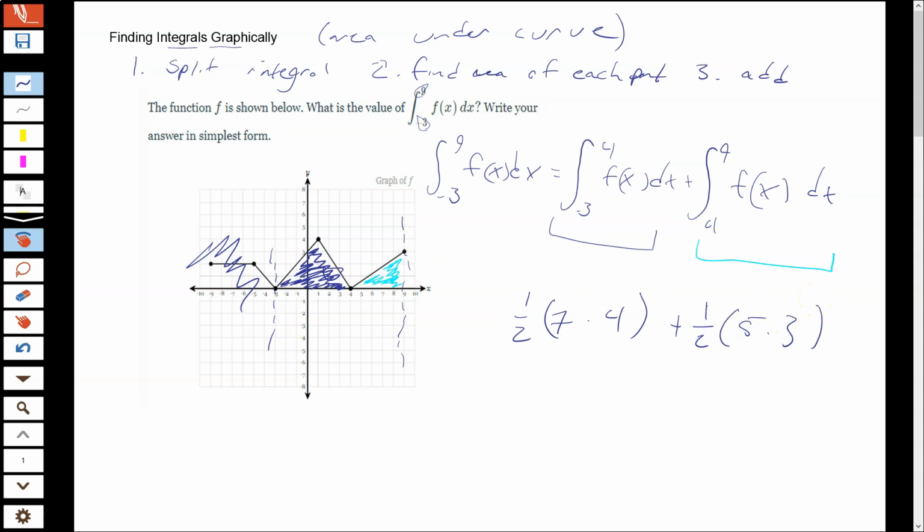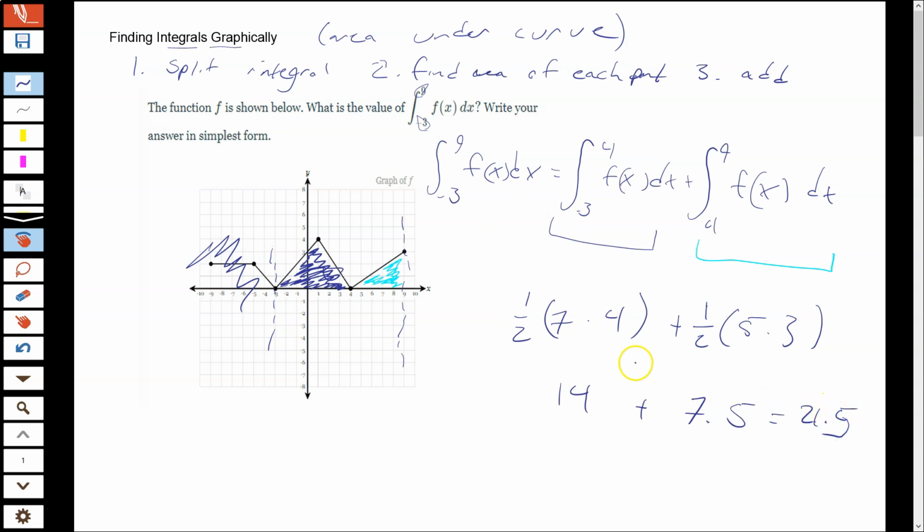Okay, so that is essentially our integral. And then all we have to do from there is add them up. So this ends up being 14 plus 7.5, which is 21.5. Okay, so that's my 21.5. So that's my integral here.